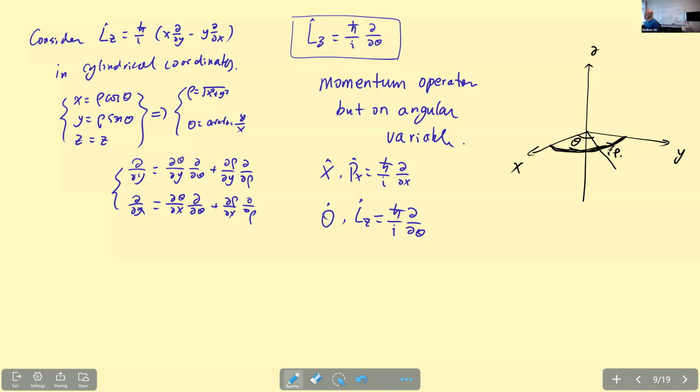So it's like you have angular momentum about the z-axis. The motion along theta is just a rotation about z. So that's why this gives us very good confidence in the assignment of this quantity as the angular momentum.